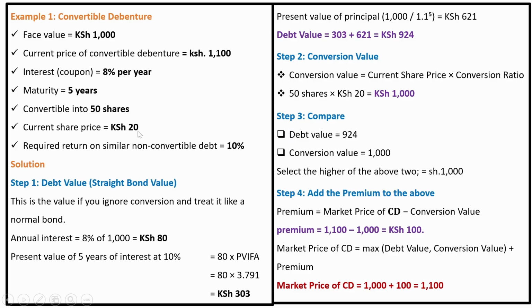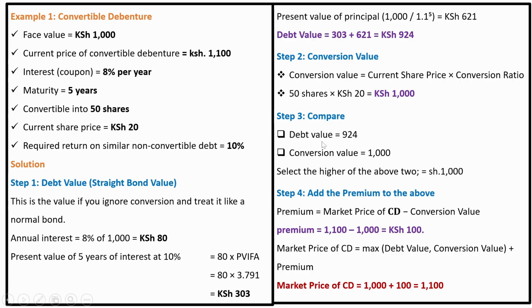In the question, we are given 20 shillings. So what is the conversion ratio? In the question, we are given 50 shares. One debenture can be converted into 50 shares. So the conversion value is 50 multiplied by 20, which gives us 1000. So this is the conversion value or the equity value.